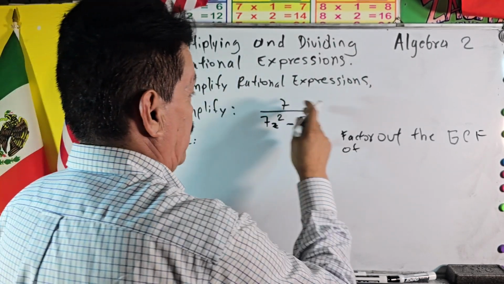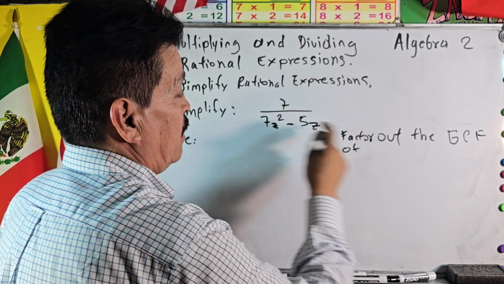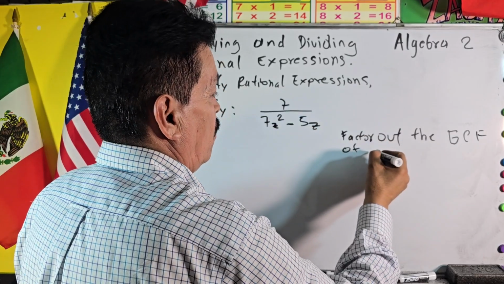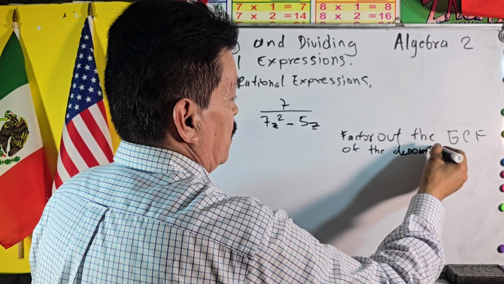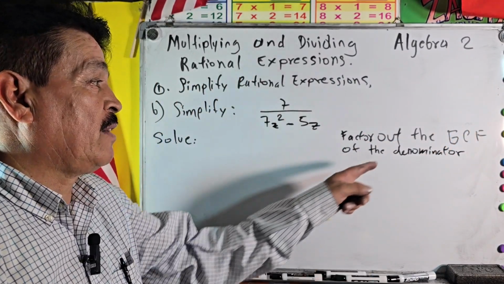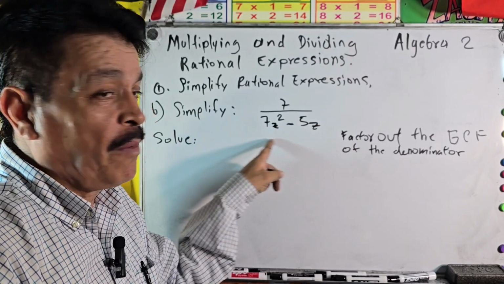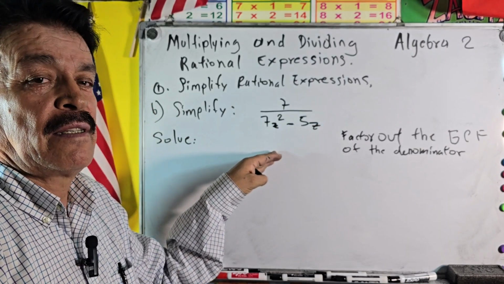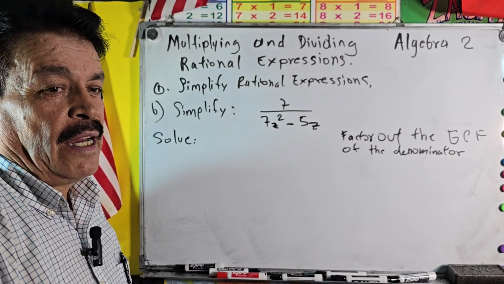Of the denominator. In the last problem, the first one, we factored out the GCF of the numerator, but now it's the denominator, the bottom one.